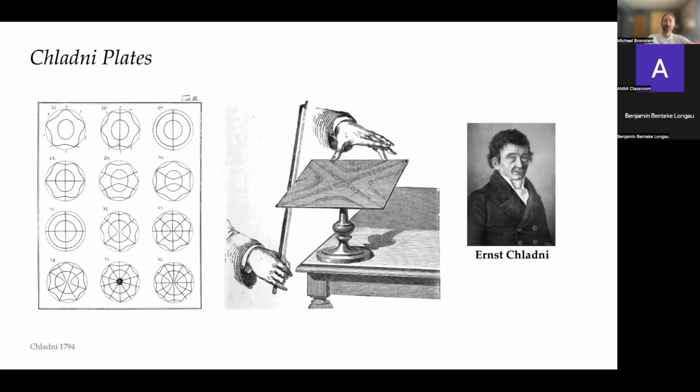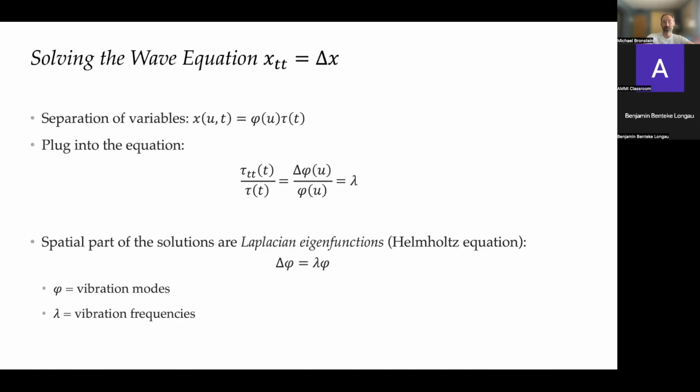The zero crossings of the eigenfunctions are where the sand doesn't jump, where it stays fixed. And this is what he observed: the zero level set, or the zero crossings of the eigenfunctions of the Laplacian of that domain. And the frequencies at which these patterns were formed are exactly the lambdas, the corresponding eigenvalues of this operator.